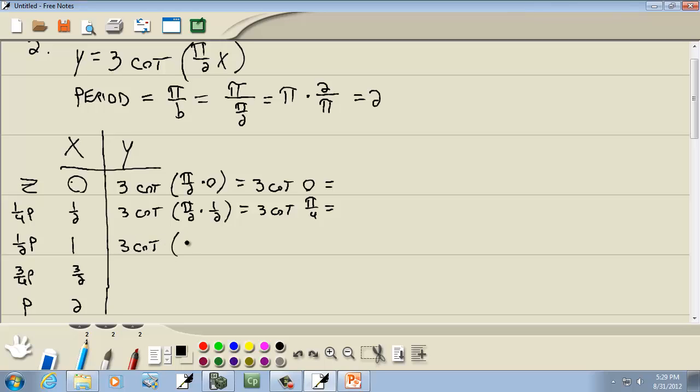Here we have 3 cotangent of pi over 2 times 1, which is 3 cotangent of pi over 2. Here we have 3 cotangent of pi over 2 times 3/2, which is 3 cotangent of 3 pi over 4.